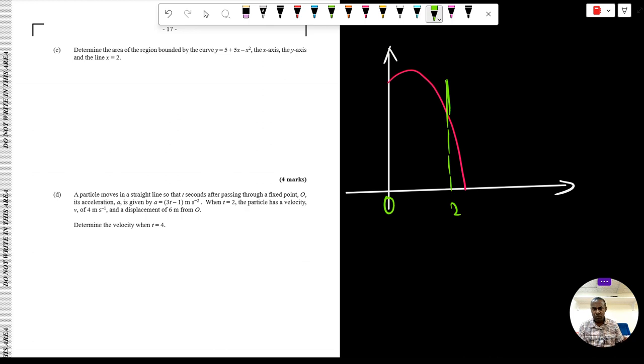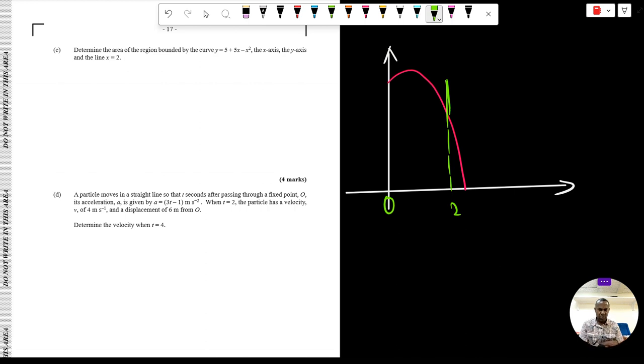So essentially, we'll be integrating between x equals 2 and x equals 0, right? Because of course when the curve cuts the y-axis, at that point x is equal to 0.